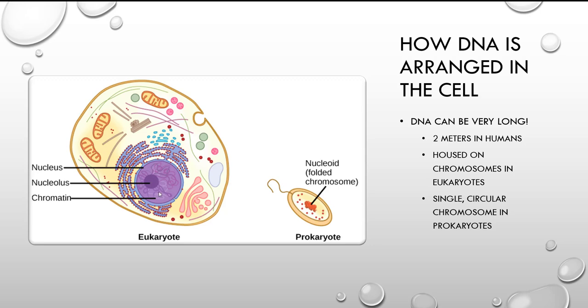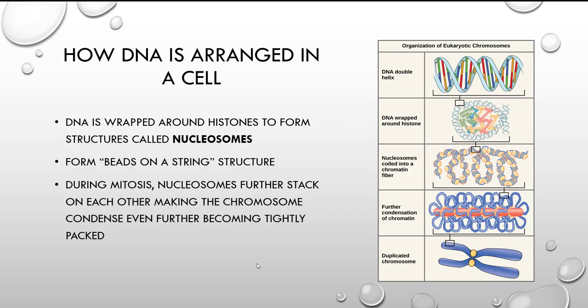So how do we get so much DNA crammed in such a tiny space? Well, we gotta condense it, okay? So I like to think of DNA as like a thin piece of thread. And then think of histones, which are little proteins, as like a spool.